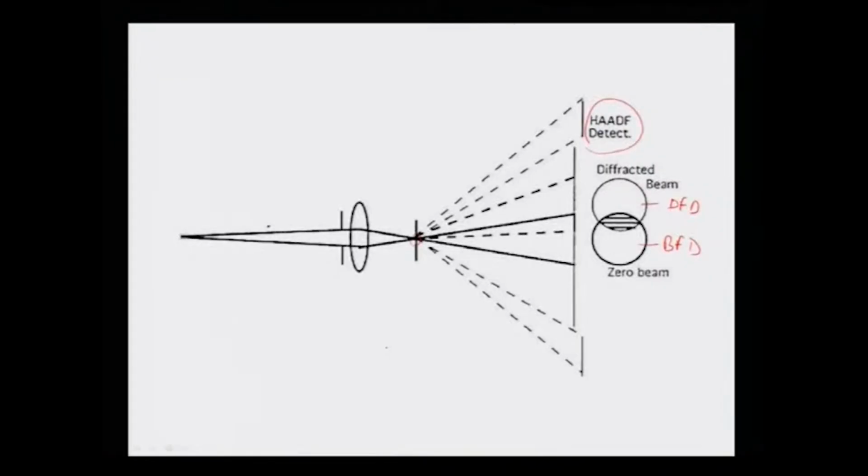Therefore, these detectors can be placed at a little distance from the transmitted electron beam or the zero beam, and they contain information regarding atomic number contrast.